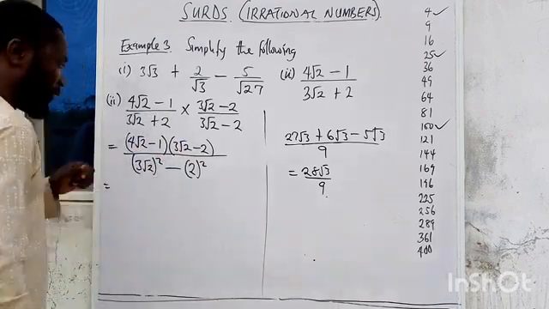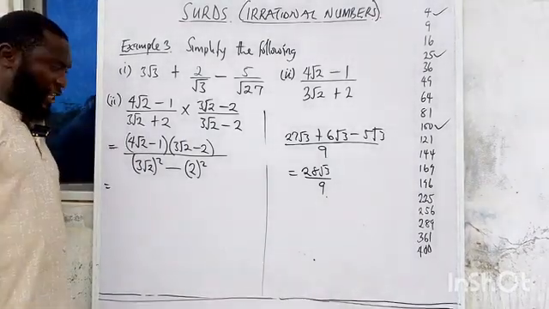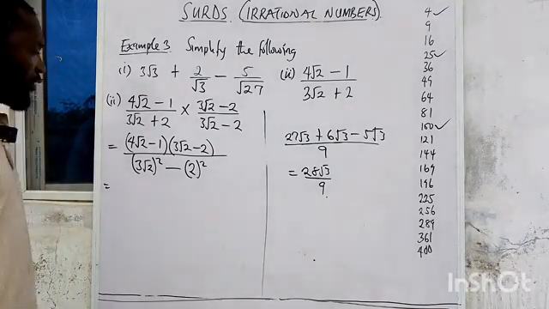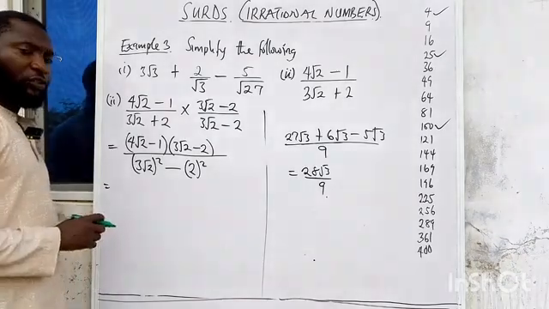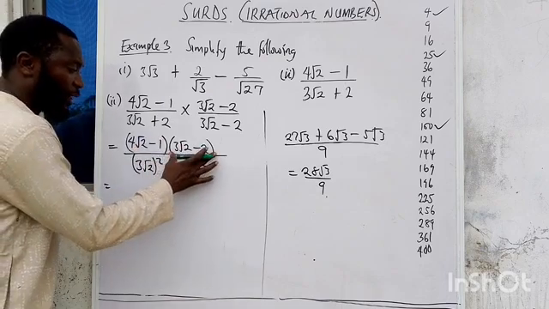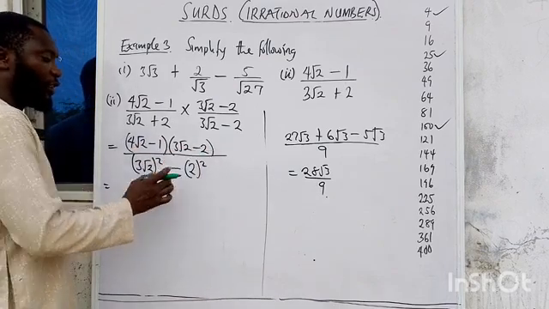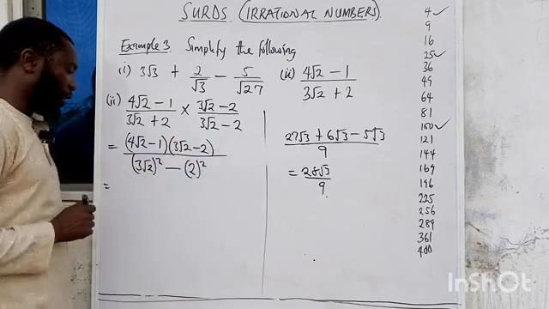Now let's expand this. To expand, you have to be very careful so that you don't mix it up. What you need to do, you are taking the first value here to multiply the entire value in the second bracket. You take the second part together with the negative sign to multiply this. And let's do that.